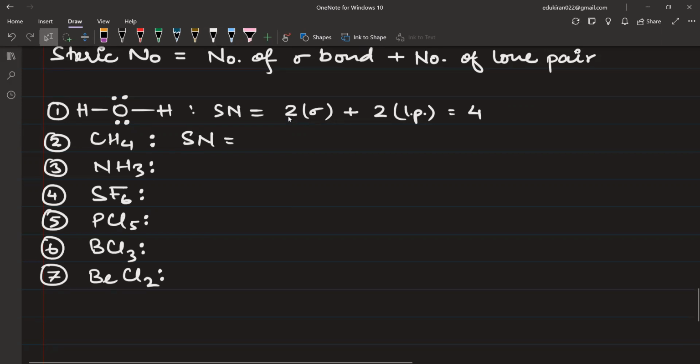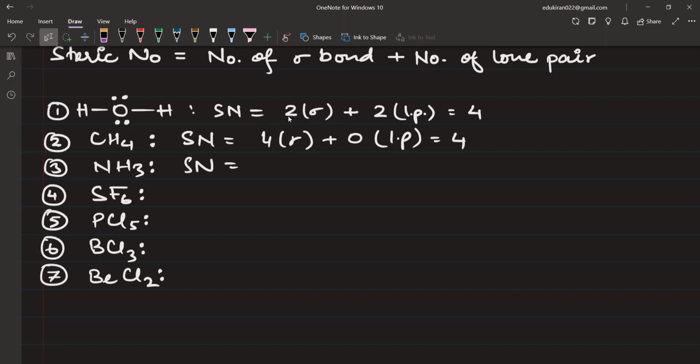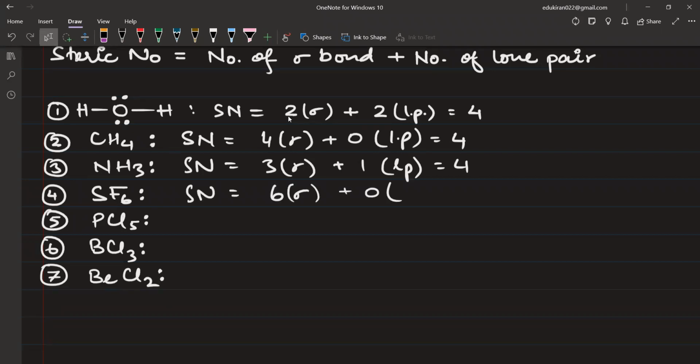Okay, so the steric number of this will be, there are 4 sigma bonds and 0 lone pair electrons. Here the steric number will be equal to 3 sigma bonds plus 1 lone pair, again 4. For SF6, it is going to be 6 sigma bonds plus 0 lone pairs.